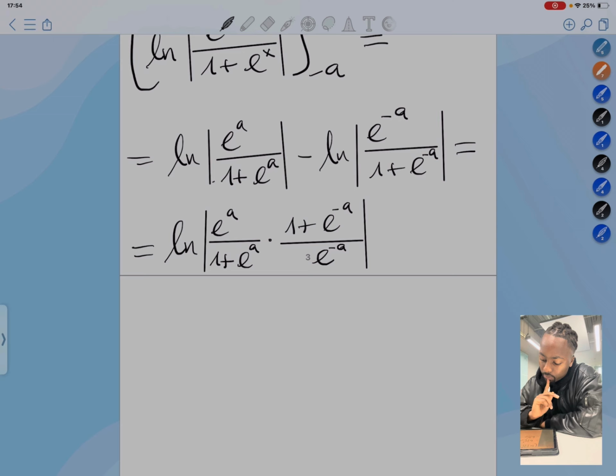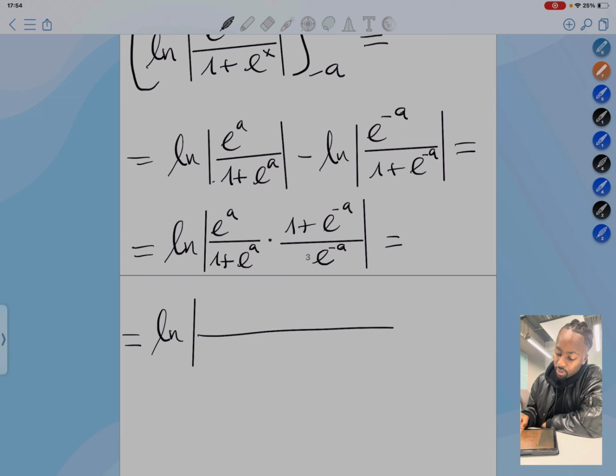Now we need to simplify something. Let's just write it down as a single fraction first of all to see things clearly.